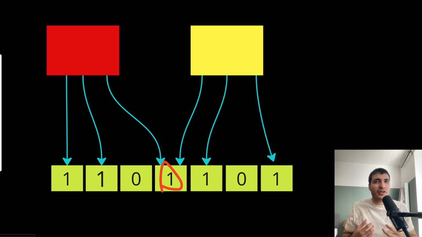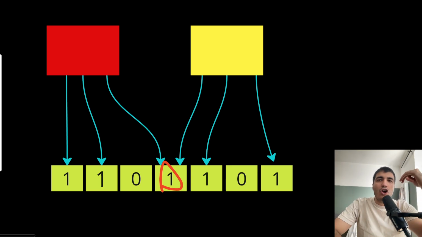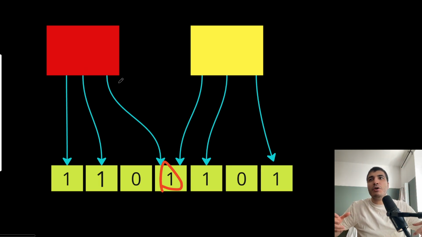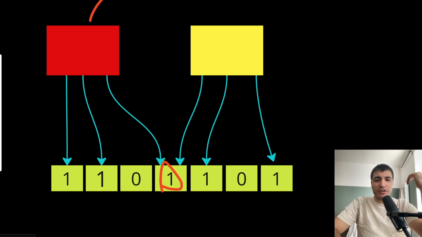Okay, let's try to understand how this works. Again, it happens in two steps. First, we hash the element. When you add a new item, you feed it into each of the k hash functions. We have here two hash functions.